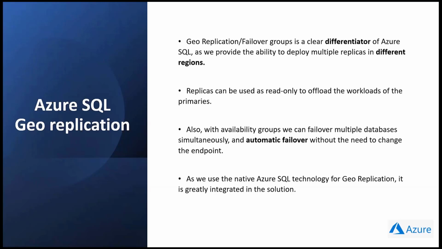You also have the feature of automatic failover, and you don't need to change the endpoint. And all the technology that we are using for the replication is native SQL Server technology. That means it is very well integrated, because this technology was natively created to replicate SQL Server and Azure SQL.